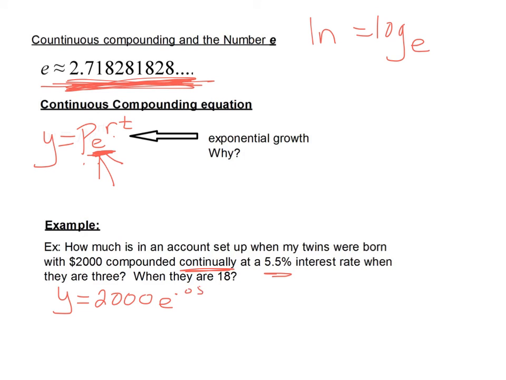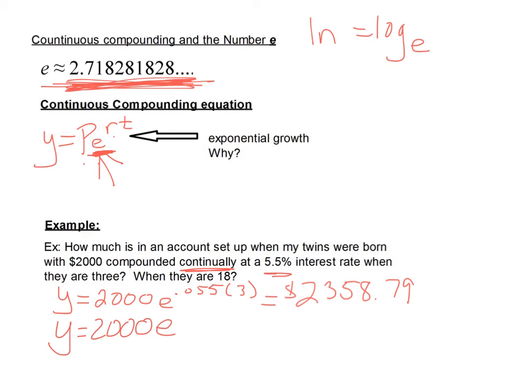Remember to switch it to a decimal correctly, 0.055, and to the time. And you're going to get an answer. Okay, so I got 2,358.79.